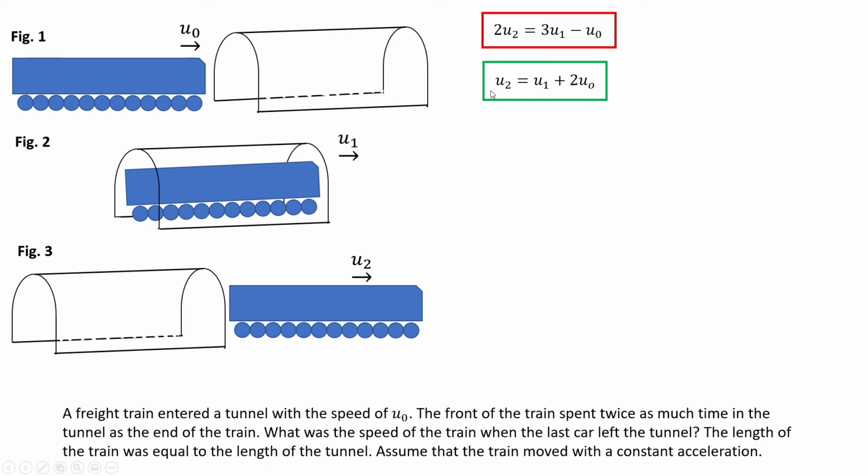In this case, we get 3u2 minus 2u2. I get just 1u2. 3u1 and 3u1 here are going to cancel out. And here I have 6u1 minus 1u1 minus u0. We're going to get that u2 equals 7u0. So this is it. The problem is solved.